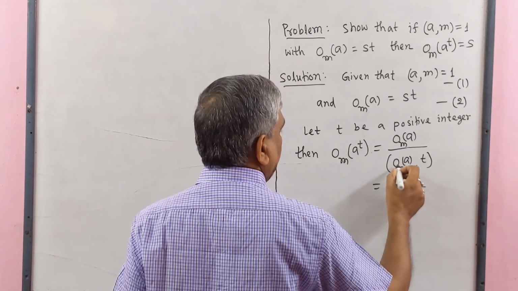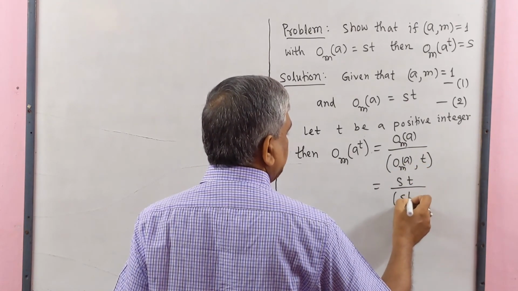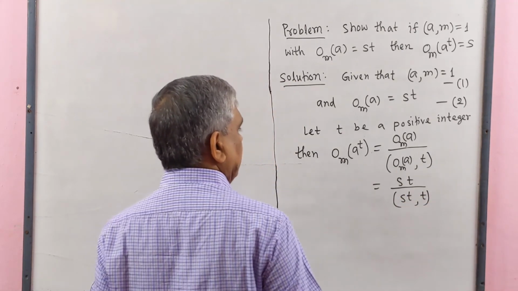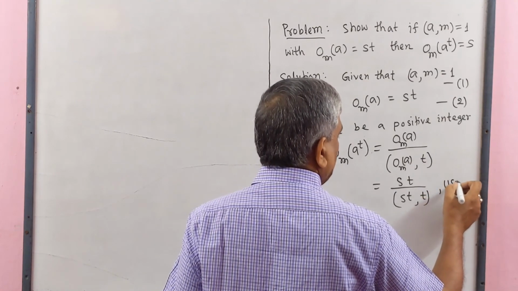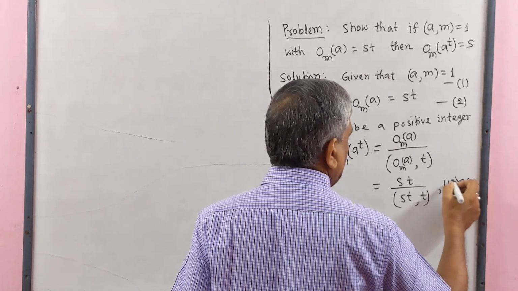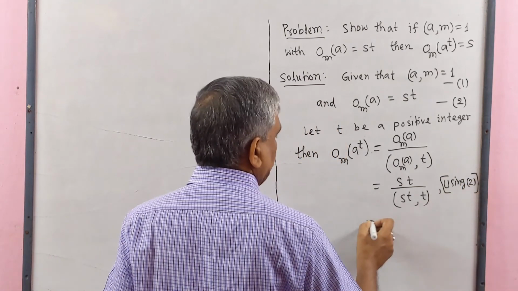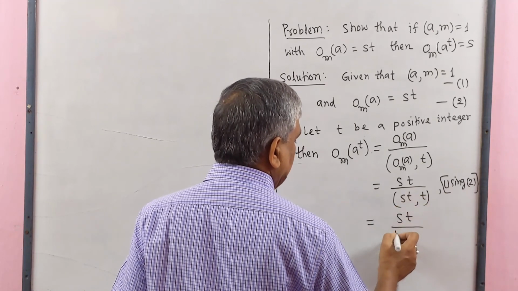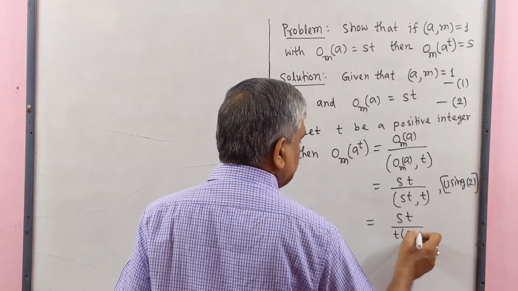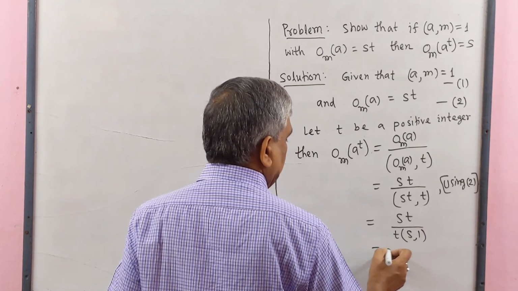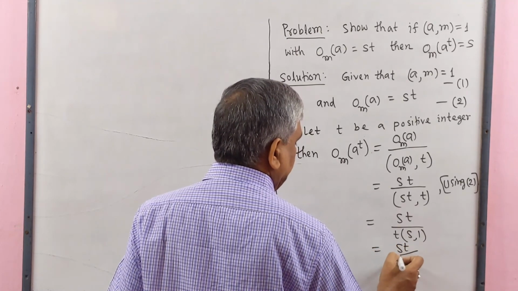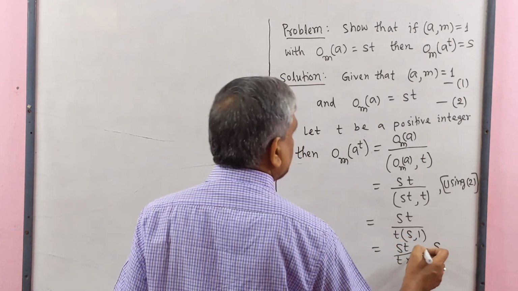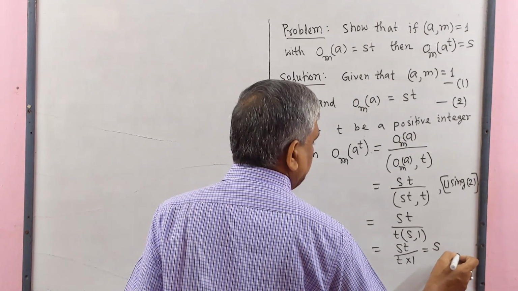Here GCD of st and t using 2. This equal to st by, here we may take common t, GCD of s and 1, equal to st by t, GCD of s and 1 is 1, equal to s. Proved.